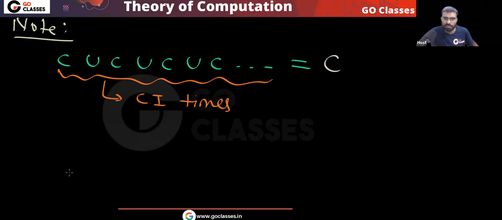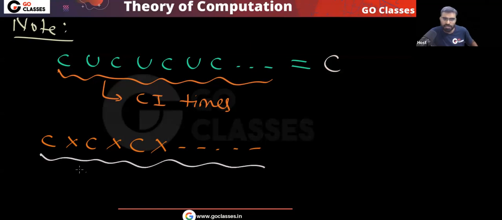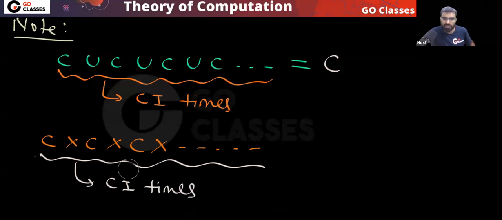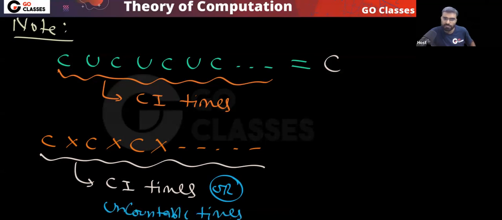But notice that if you do cross product, countable cross countable cross countable, countably infinite times, or uncountable times, then the result may or may not be countable.